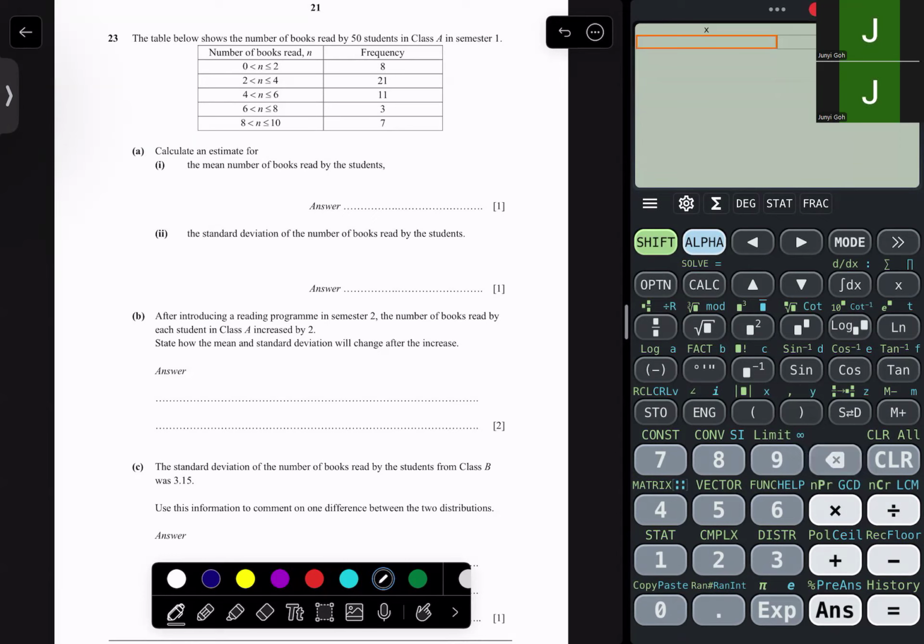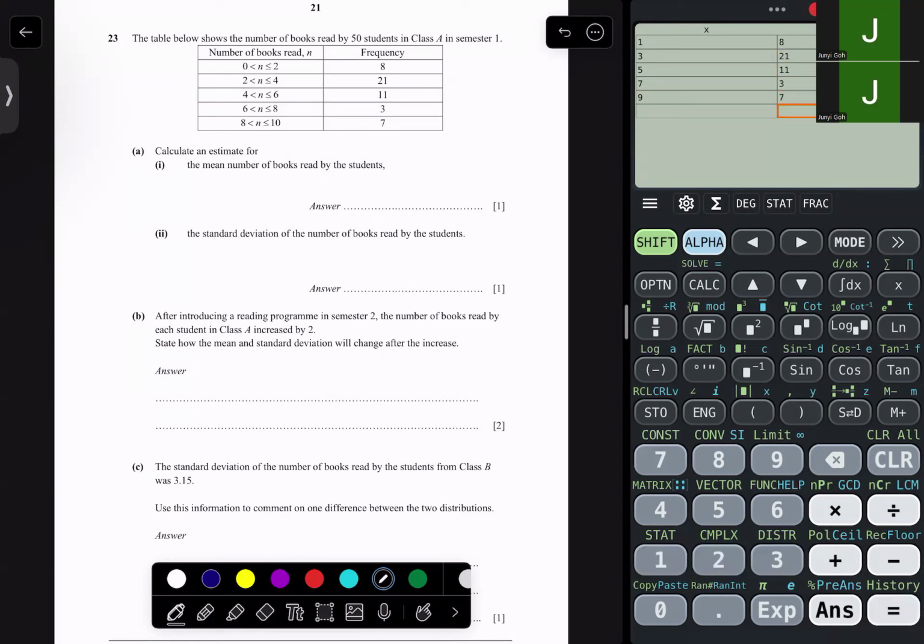Okay, so we have data is 1, 3, 5, 7, 9, right? Because this is group data. So we'll take the mean of the group data. 8, 8, 21, 11, 3, 7.